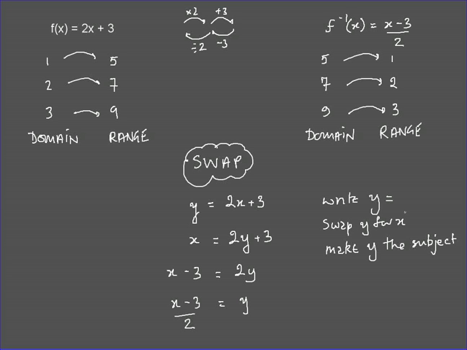And so there we are. We swap our range and domain and we make y the subject. That's what we do to create an inverse function, and it works every time. And it works for all sorts of weird and wonderful functions. Let's just have a couple of examples for this just to cement the idea.